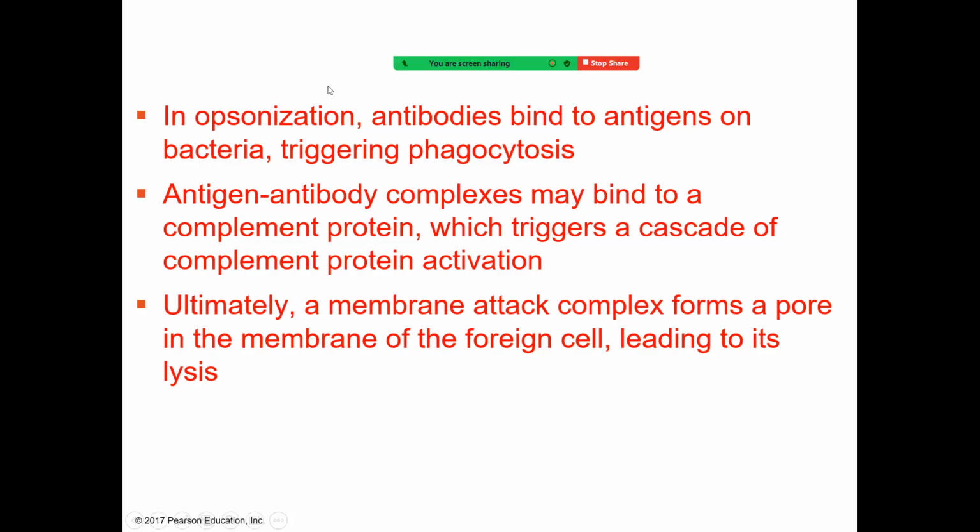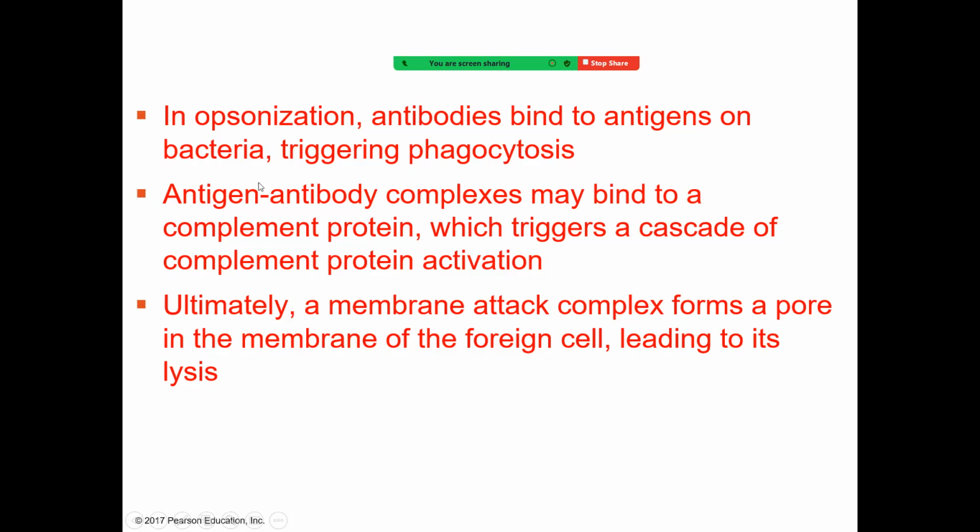Another way to think about opsonization is that it helps make the bacteria more tasty. These antibodies help the phagocytes to find the bacterial cells and to eat them more quickly and at greater rates. So opsonization is a process where antibodies are bound to the outside of bacterial cells, and those phagocytes are able to eat them more quickly.